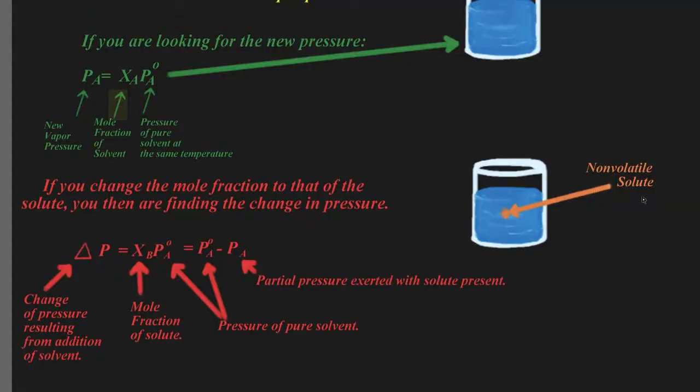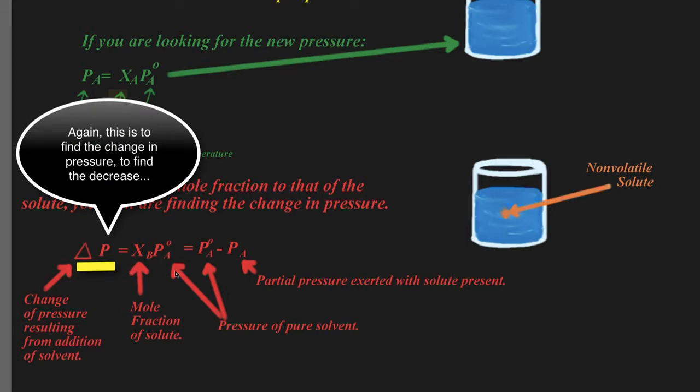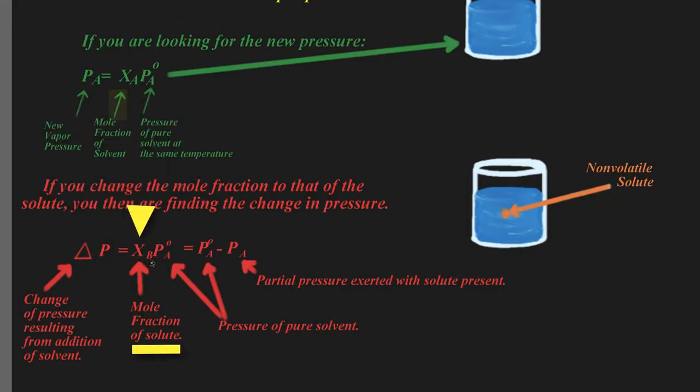So when we add this non-volatile solute, again, the pressures decrease. Sometimes they ask for that new pressure, that last formula we just did. Or sometimes they just want the change in pressure associated with it. So again, the change in pressure uses mole fractions. And what you do is you look at this part right here. The mole fraction of the solute is what is placed in the formula instead of the solvent.